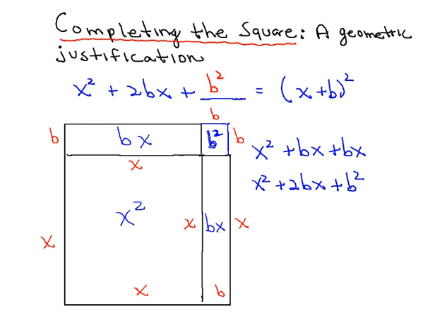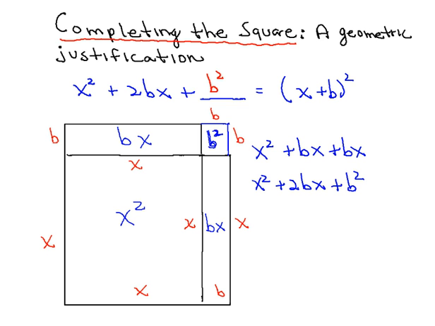So if you now put all the pieces together, you can see that by adding b squared to the x squared plus 2bx, it factors into the square of a binomial, so we have created a perfect square trinomial. I hope this geometric justification will give you some understanding of why we need to add the b squared to make it a perfect square trinomial.